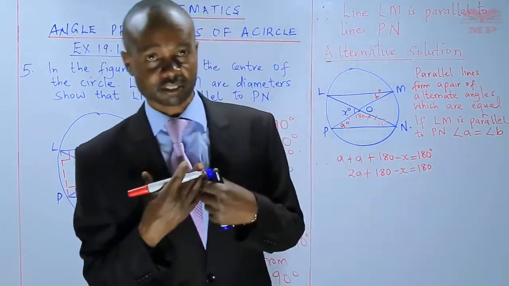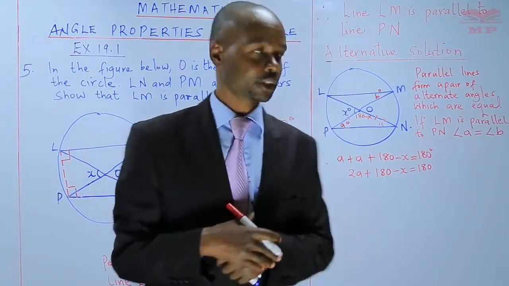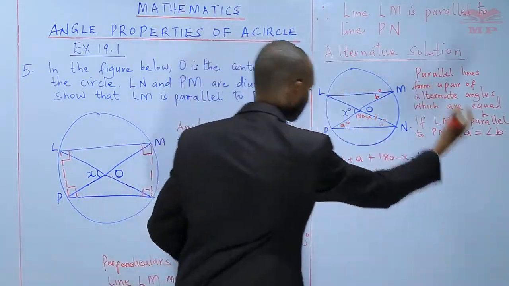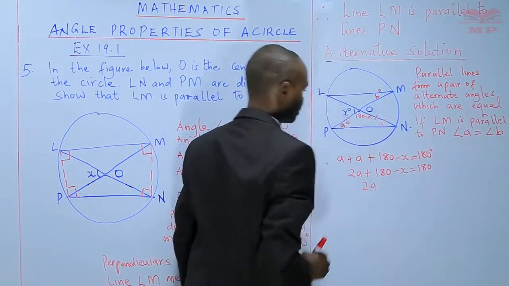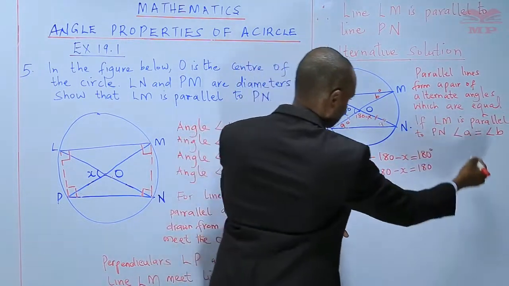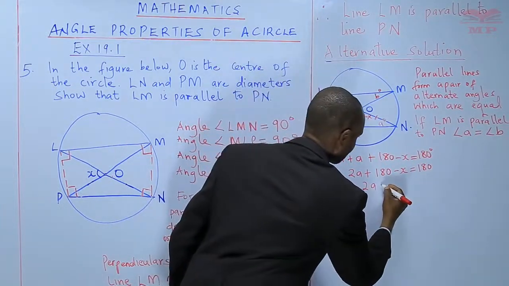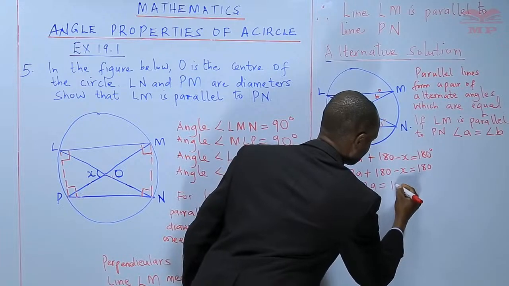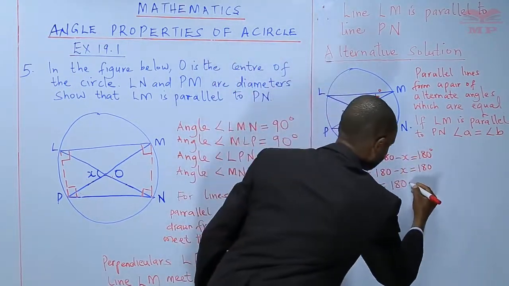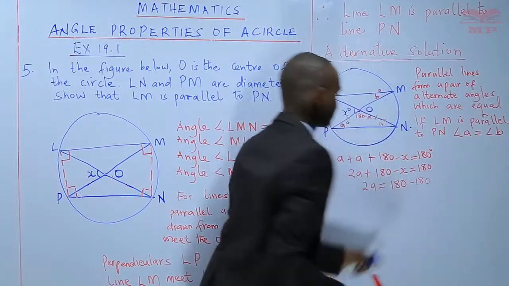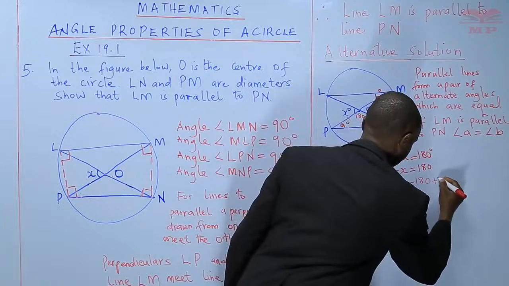Since I'm only interested in getting the value of A, I'll leave it on the left hand side of the equation, and the other terms will go to the other side. So I'll have 2A. When this one goes to the other side, a positive becomes a negative. So we'll have 2A is equal to 180, and taking it to the other side, it becomes minus 180. This is a negative; taking it to the other side of the equation, it becomes a positive.